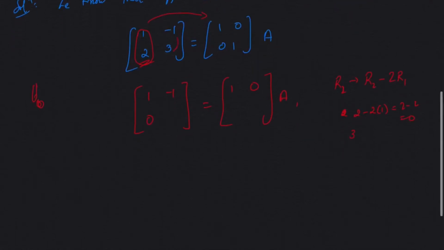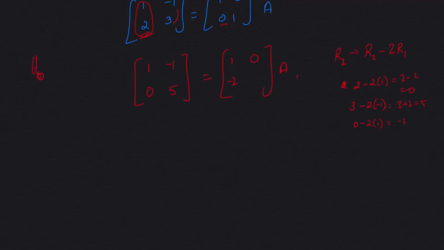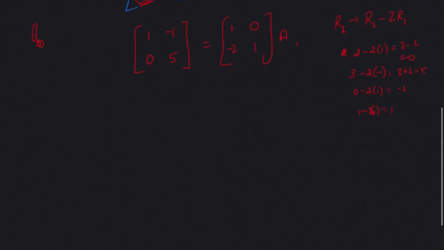Here 3 minus 2 times minus 1, 3 plus 2, 5. And here 0 minus 2 times 1, minus 2. Here 1 minus 2 times 0, that will be 1. One step is applied.